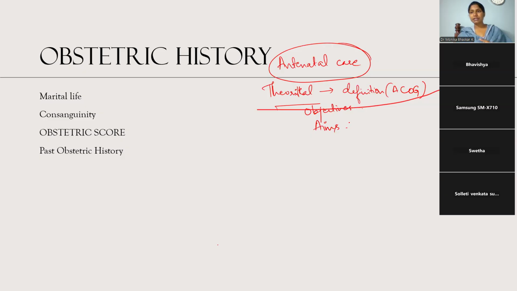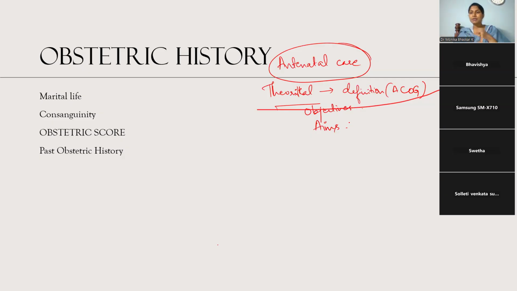The fourth important thing is health education and health promotion. So you have to educate the woman about what investigations she has to get done during the respective trimester, what supplements she has to take, and also you have to counsel her about the mode of delivery, breastfeeding, postnatal care, and also counsel about immunization and contraception in the postnatal period.